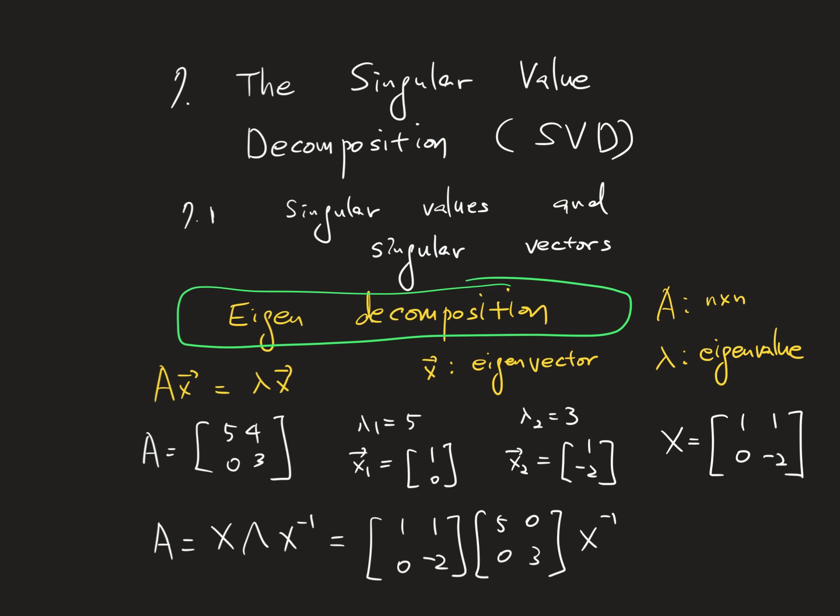For the n by n case, we have to have n linearly independent eigenvectors. Otherwise, we cannot write it in this way. So sometimes eigen decomposition is impossible, even for a square matrix.